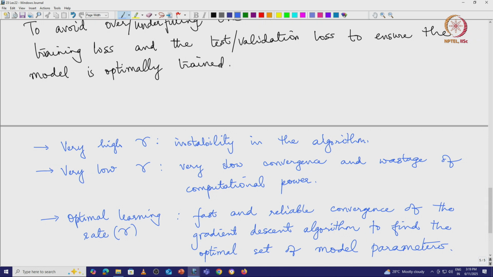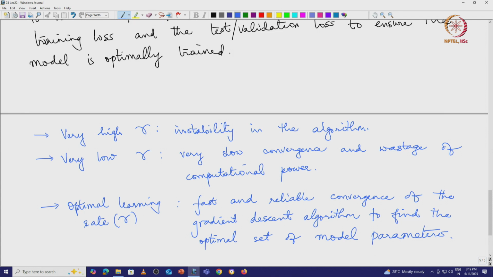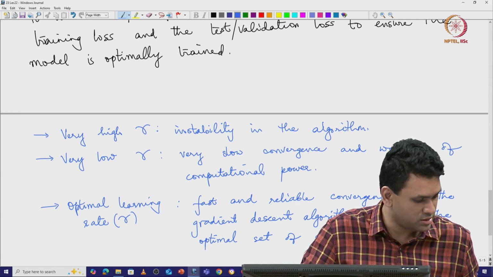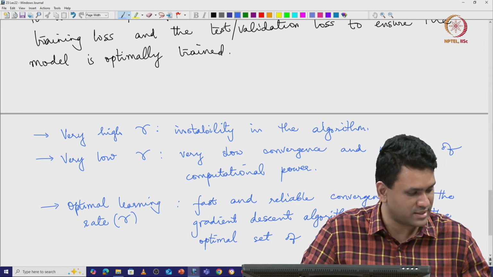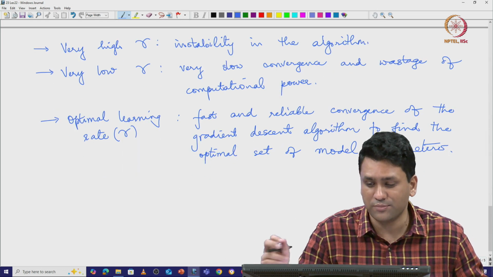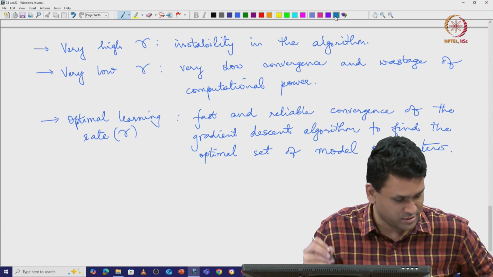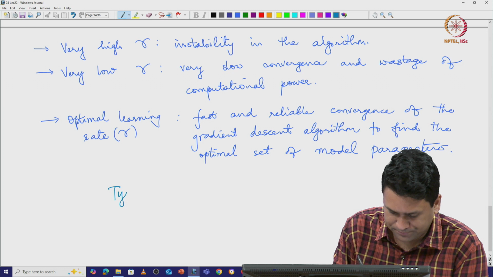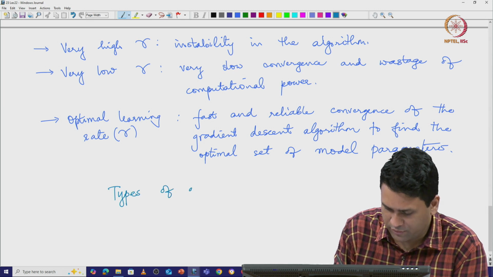Okay. So now we will go forward in our discussion. Like I said, the gradient descent that we have discussed so far is the plain type of gradient descent, and in practice there are some modifications you make to the gradient descent algorithm to make sure that it is amenable for large data sets. So we will look at two types of gradient descent in our discussion.